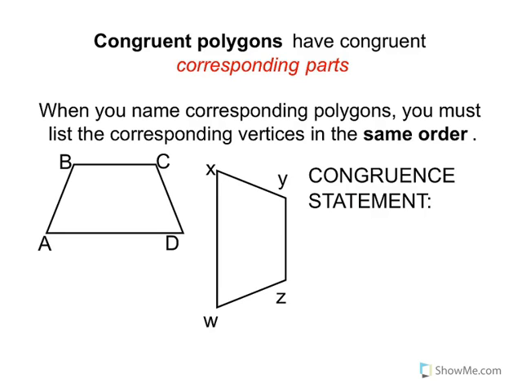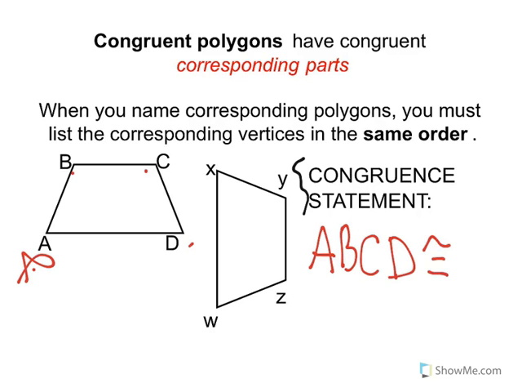So in trapezoid ABCD, you would want to write a congruent statement. So this is what we're doing right here, a congruent statement, keeping the vertices in the same order. If I'm starting at A, I would say A, B, C, D. So I went from A to B to C to D. And I would want to do that same order in your other one.